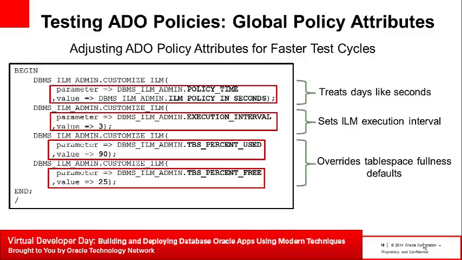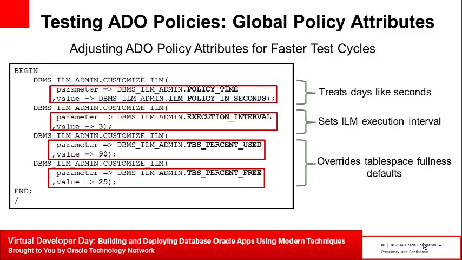In other words, if I see days there or any subset of days, months, years, treat them like days, but not in this case. So 180 days would be treated as 180 seconds. 300, 600, 900 days get treated as 5 minutes, 10 minutes, and 15 minutes.